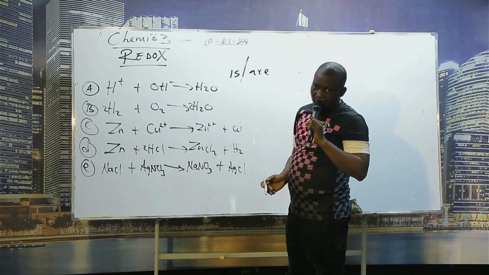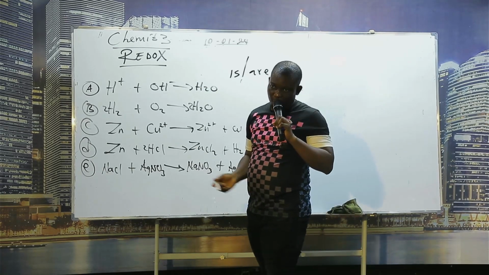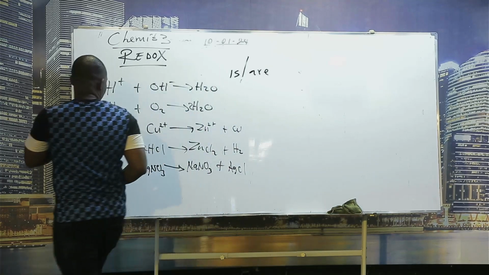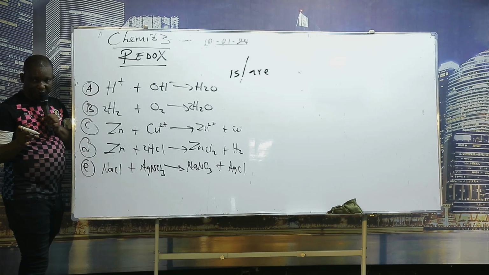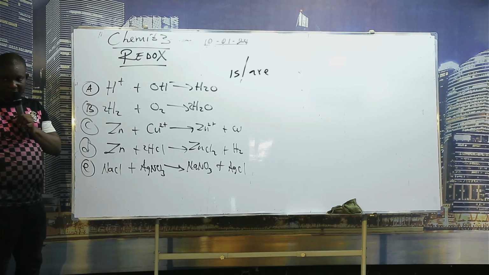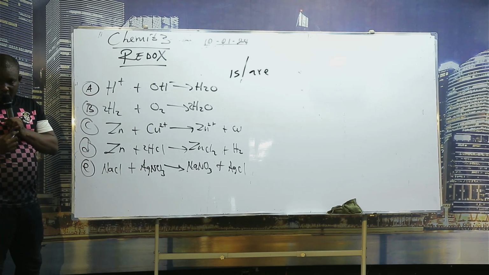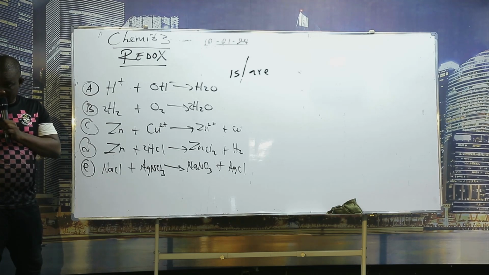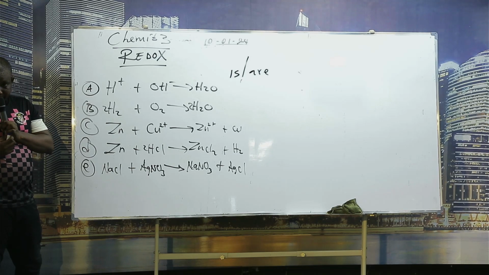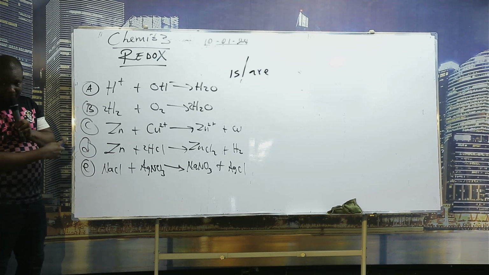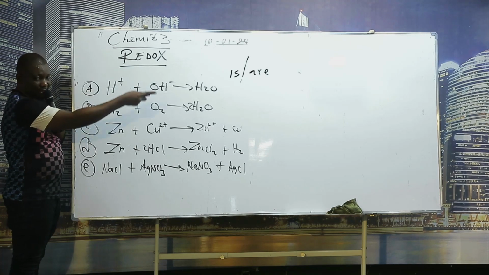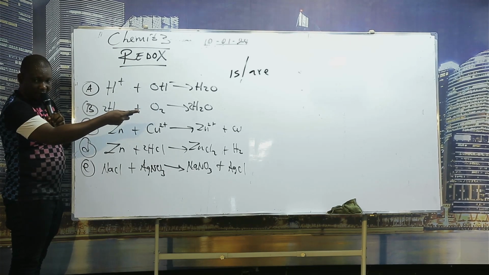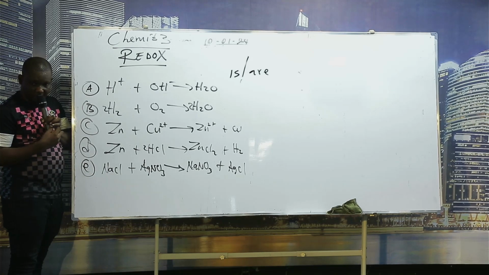Let's assign oxidation numbers to know why A and E are the odd ones out. From that definition, a reaction is said to be redox if oxidation occurs at the same time with reduction in the same chemical reaction. Oxidation is an increase in oxidation number, and reduction is a decrease.